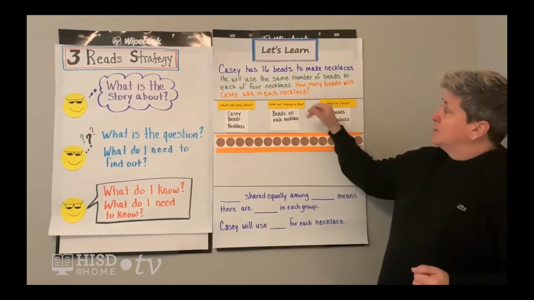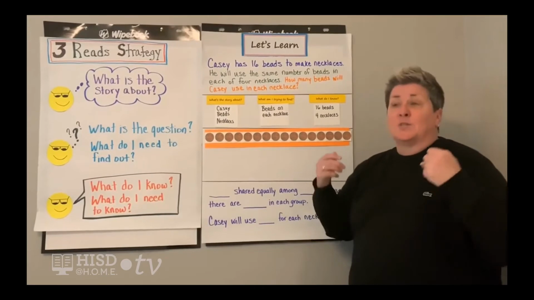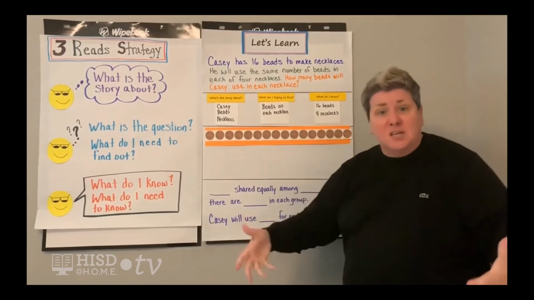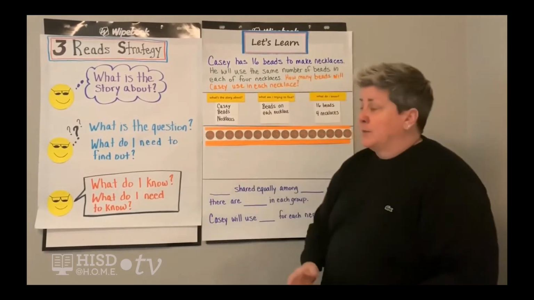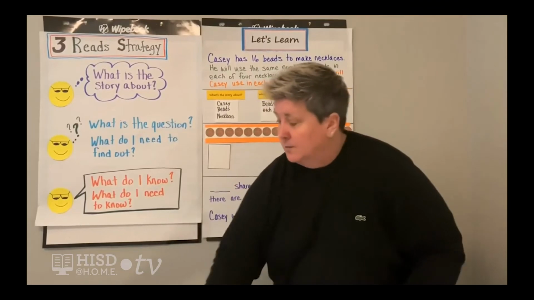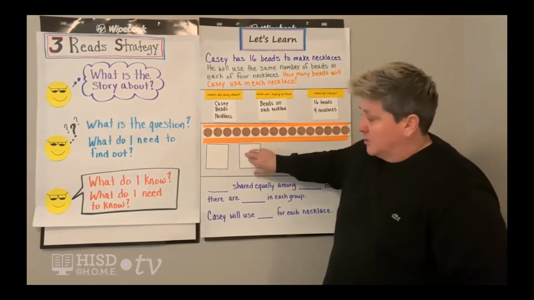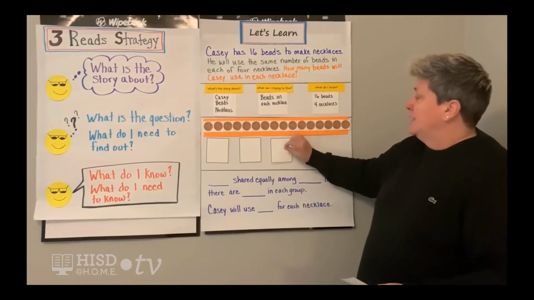My next sentence tells me he's going to use the same number of beads. So he's going to use an equal number of beads on 4 necklaces. So I'm going to represent my 4 necklaces by using this grouping system so that I can see these. And what do we need to do?